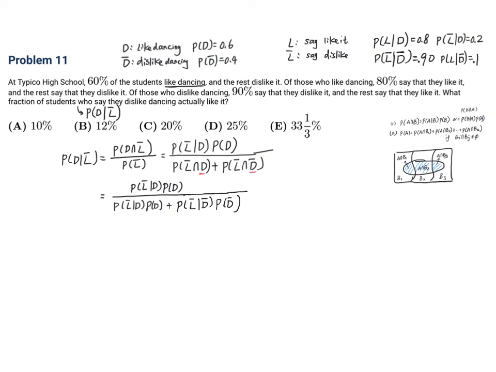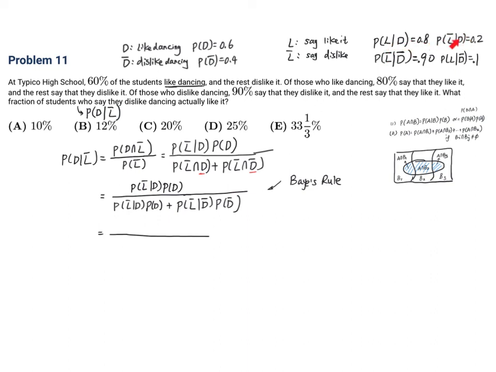By the way, this is called Bayes theorem, or Bayes rule, in two categories. Now we have all this information available, all summarized up here. The probability of L bar given D bar is this one, and the probability of L bar given D is this one.